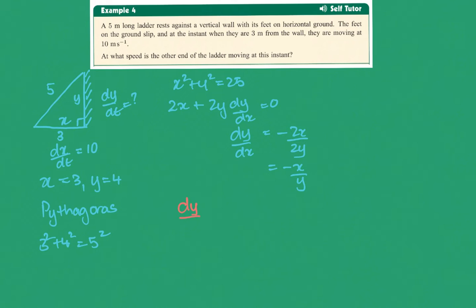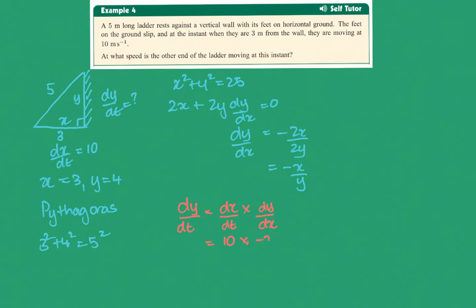So dy/dt, which is what we want from the question, is dx/dt times dy/dx.